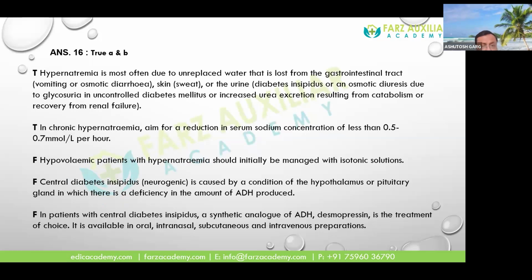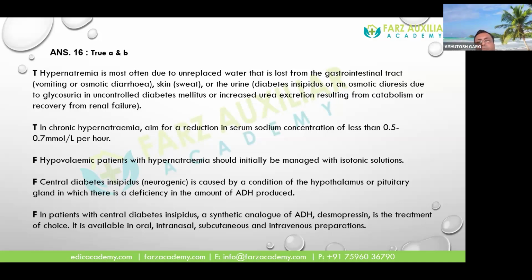This line is very important even in clinical practice. Sometimes we find a patient with hypernatremia and hypovolemia, but we start with D5 or half NS. In those cases, even with hypernatremia, if the patient is hypovolemic, you should start with isotonic solution or normal saline.